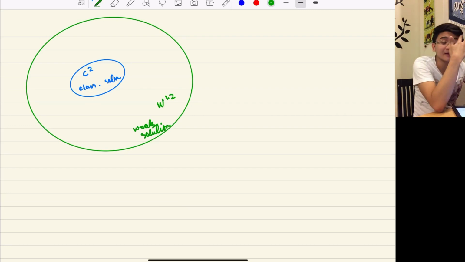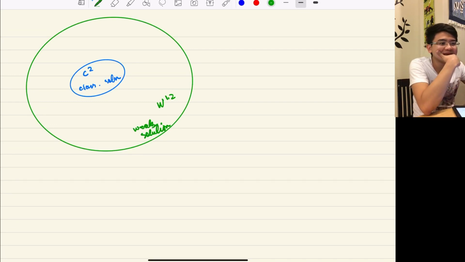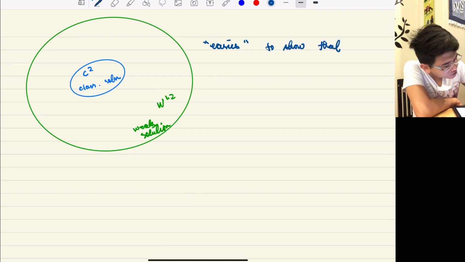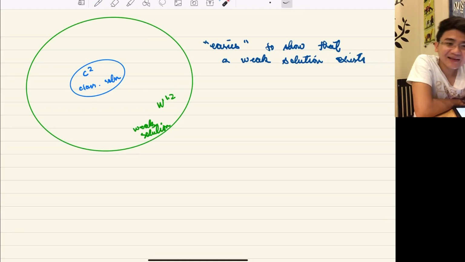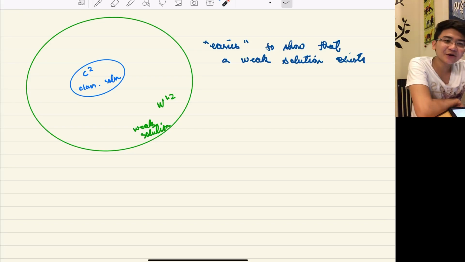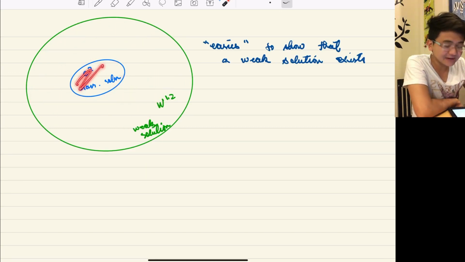So let's see what's happening here. Another reason why we want weak solutions is that it is easier to show that a weak solution exists. The heuristic is, imagine this: does it make sense that it would be easier to show that something is in this larger thing than to show that it's in this smaller thing?